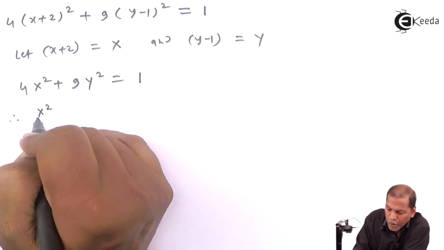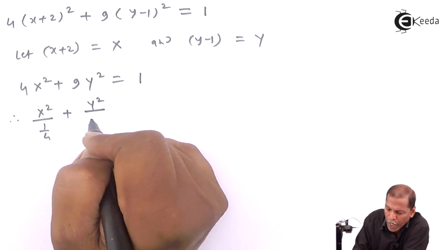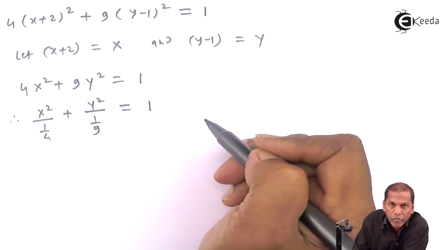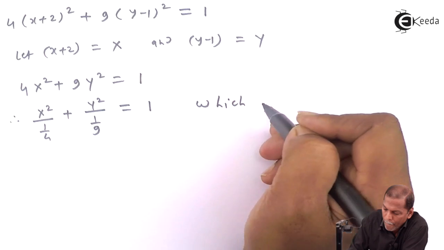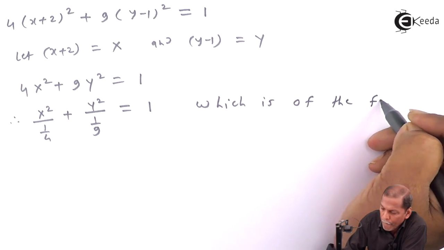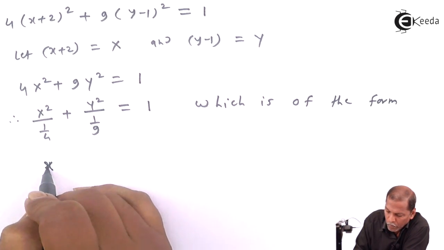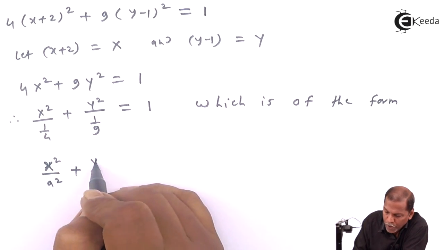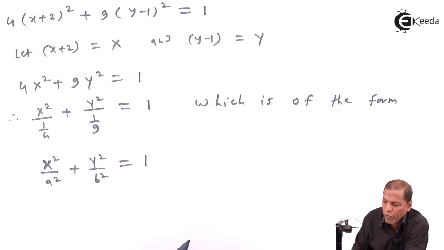which can be written as X square upon 1 by 4 plus Y square upon 1 by 9 is equal to 1. So which is of the form x square upon a square plus y square upon b square is equal to 1.